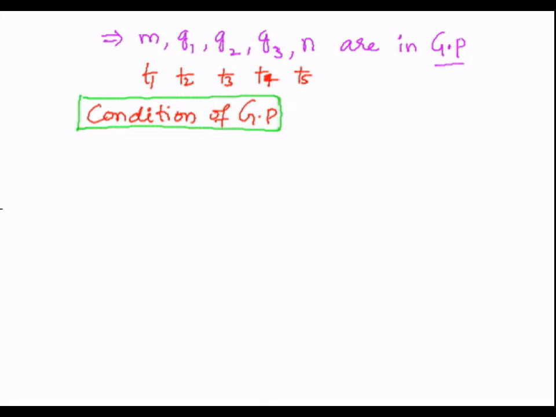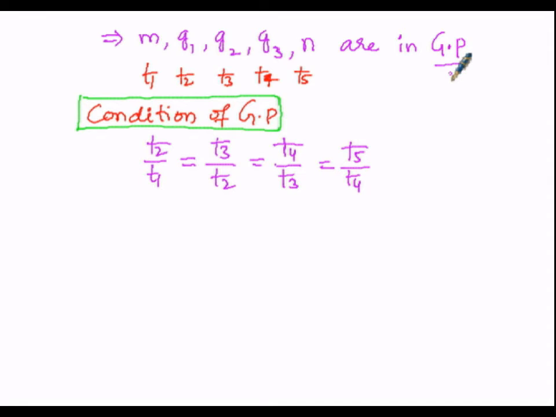We can write it as T2 by T1 equals T3 by T2, which equals the fourth term divided by the third term, which equals the fifth term divided by the fourth term. So these are all equal; the ratio is equal throughout the sequence of this GP.